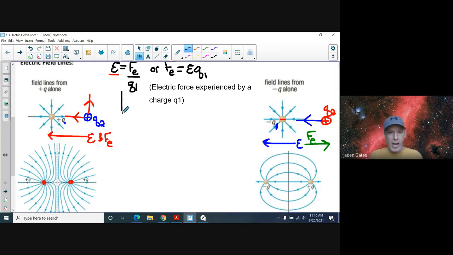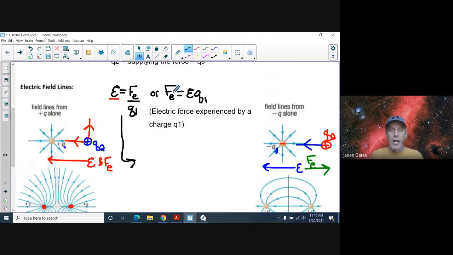Now, I'm also going to take this formula. I've already created one formula here. Fe is equal to epsilon times Q1. Now, what I could also do is that we looked at our electric force in terms of Coulomb's law, which is K, so I'm just replacing Fe here, Q1 times Q2, divided by R squared, which again is the distance between these two charges.